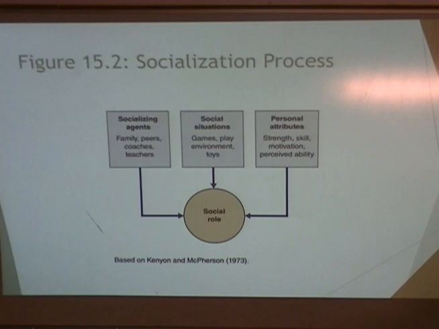So learning our role in our society is built on these three elements, right? Significant others, places where socialization can take place, and individual constraints that all feed into this social role, okay?